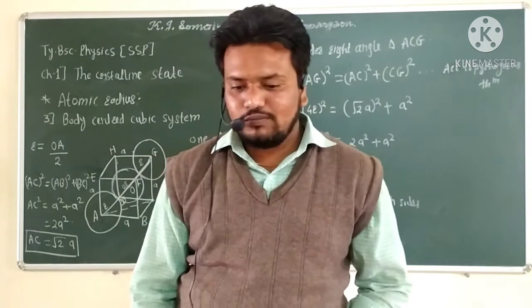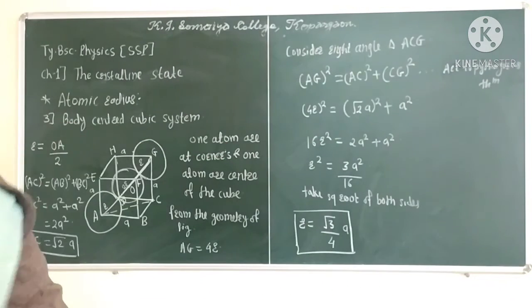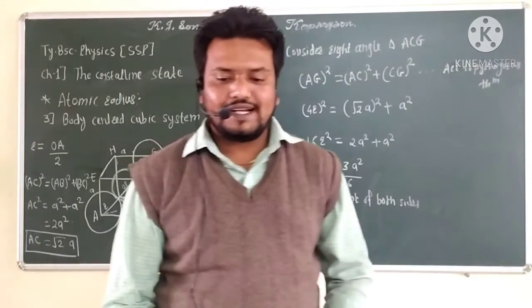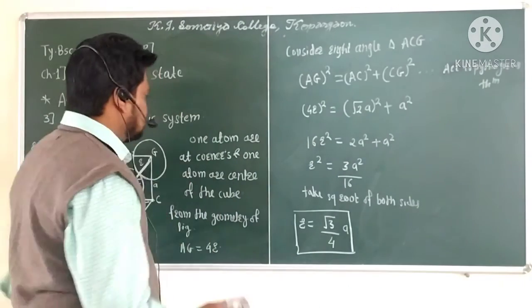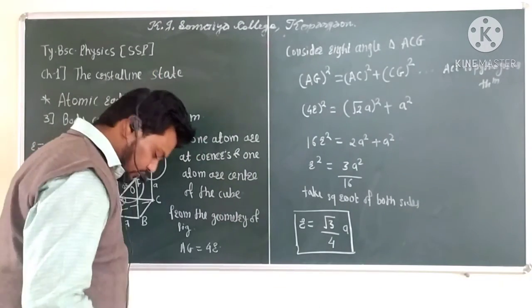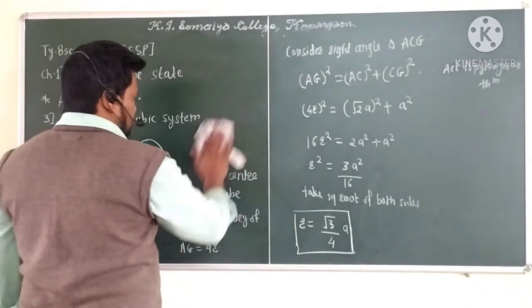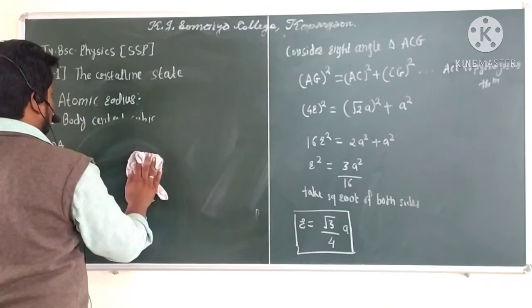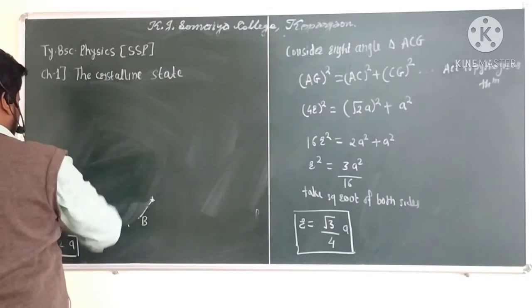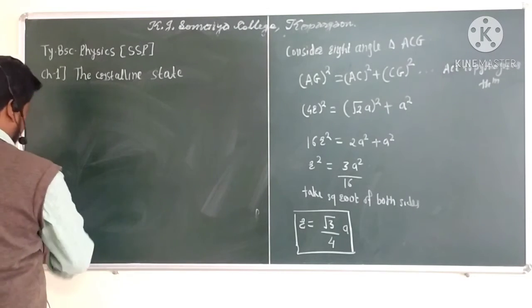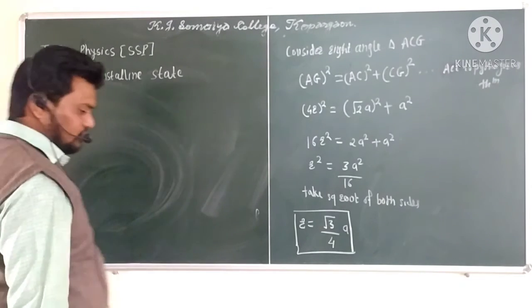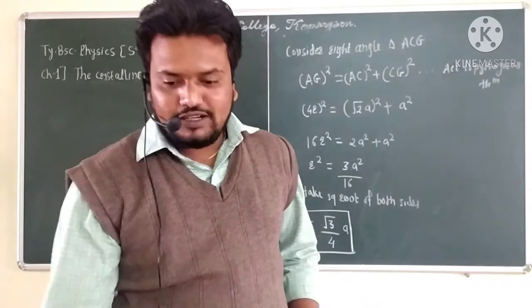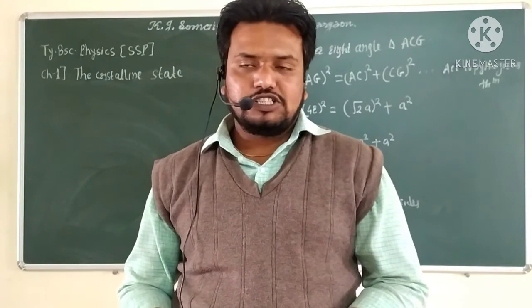Now the next main point is the number of atoms in a unit cell. There is a defined formula. With the help of this formula we get an idea, for each cubic system, of how many atoms are present in the unit cell.